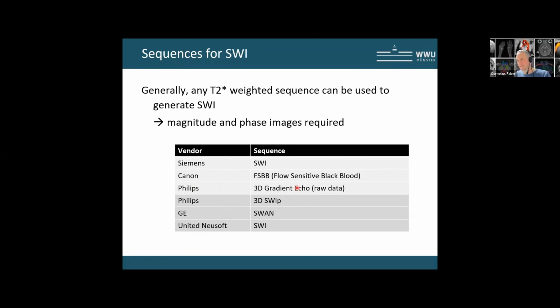That's maybe very confusing because sometimes you have a bright and other times a dark contrast. But if you do pure SWI, it shouldn't be a problem. The advanced method for SWI is quantitative susceptibility mapping, and then you also get the sign, positive or negative. If you do the simple SWI, it should always be dark. But if you do quantitative susceptibility mapping, then you will have this difference due to the different phase setting, clockwise or counterclockwise. But it's a very fundamental thing.